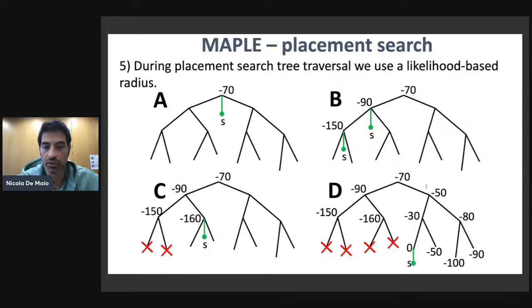But if on the right side of the tree I have much more promising likelihood scores, I keep going in that direction. As long as the likelihood scores improve or don't decrease too much compared to the best I've found so far, I keep exploring that part of the tree. This is substantially more demanding, in particular if you have certain samples that are very hard to place, but in accuracy terms, it is worth it.